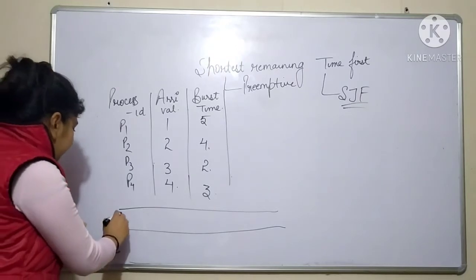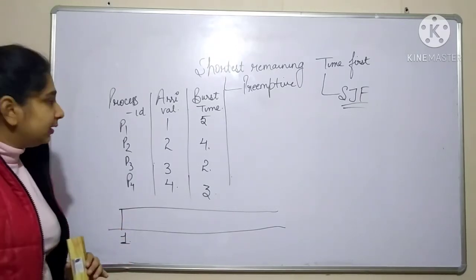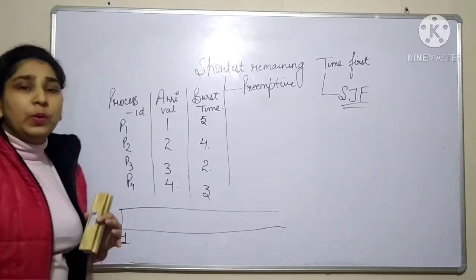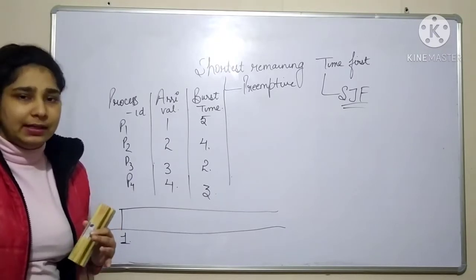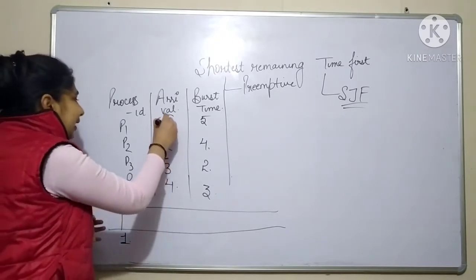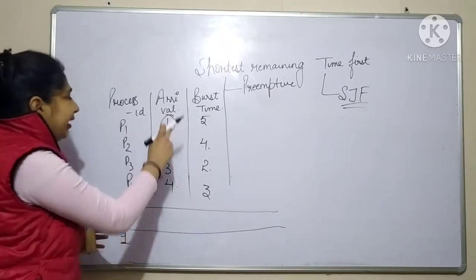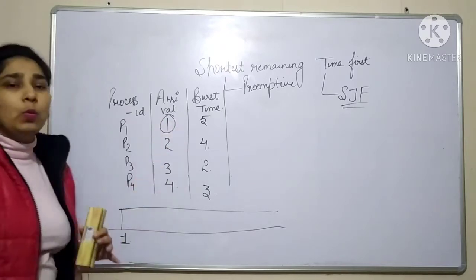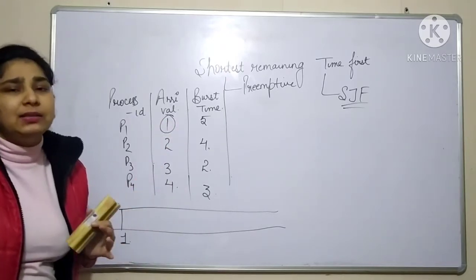I am starting here from 1. In the starting, which processes do we have in the main memory? Only one process is present in the main memory, and its arrival time is 1. So now you don't need to think anything.